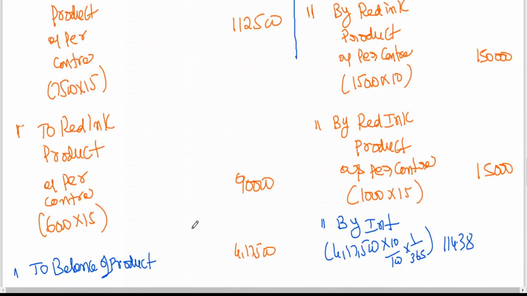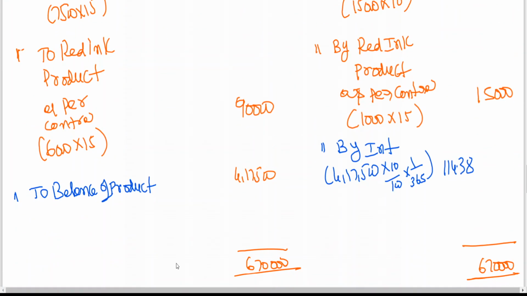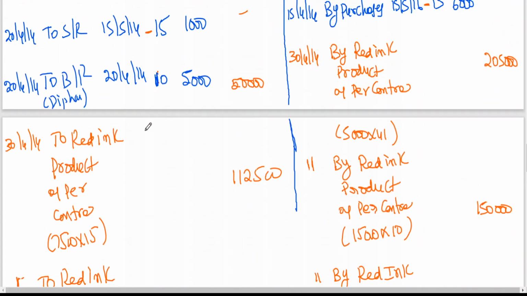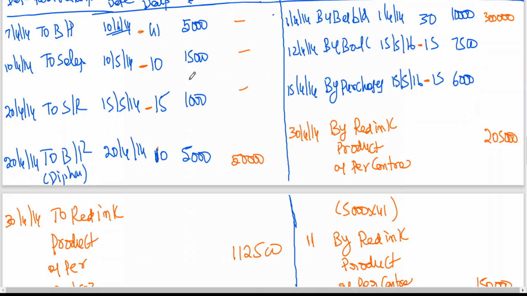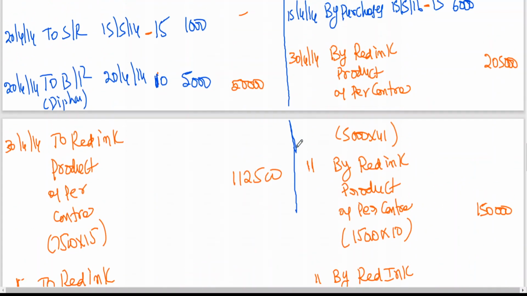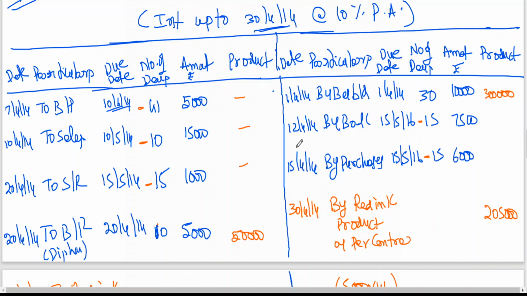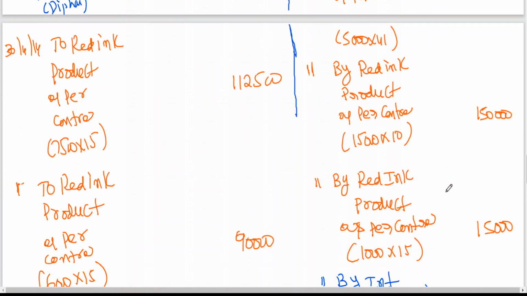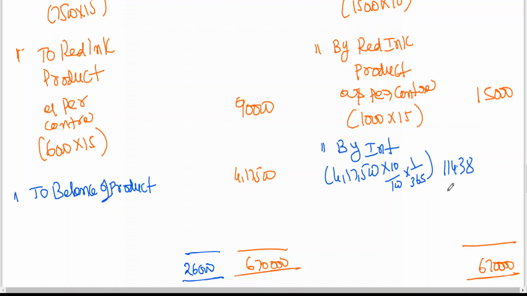The amount you can see, amount column, it is coming to 5 plus 15, 20, 21, 26. From 26,000 you keep on deducting 10,000 minus 7,500 minus 6,000 minus 114.38.